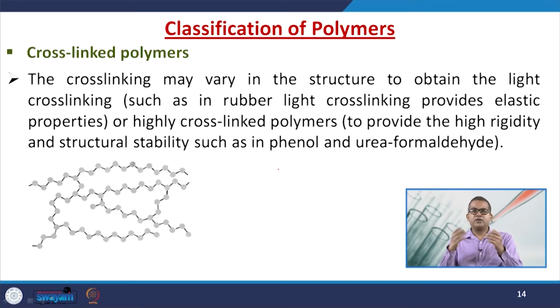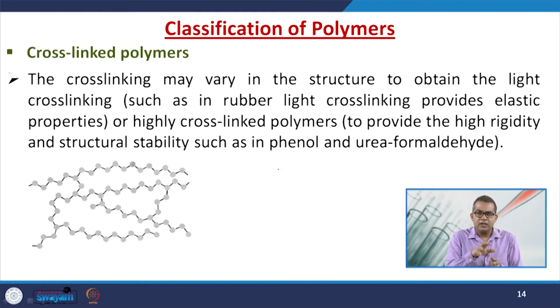Or highly cross-linked polymers provide high rigidity and high structural stability, like phenol or urea formaldehyde. Sometimes you may see that your domestic electrical switches are also the best example of a cross-linked polymer.